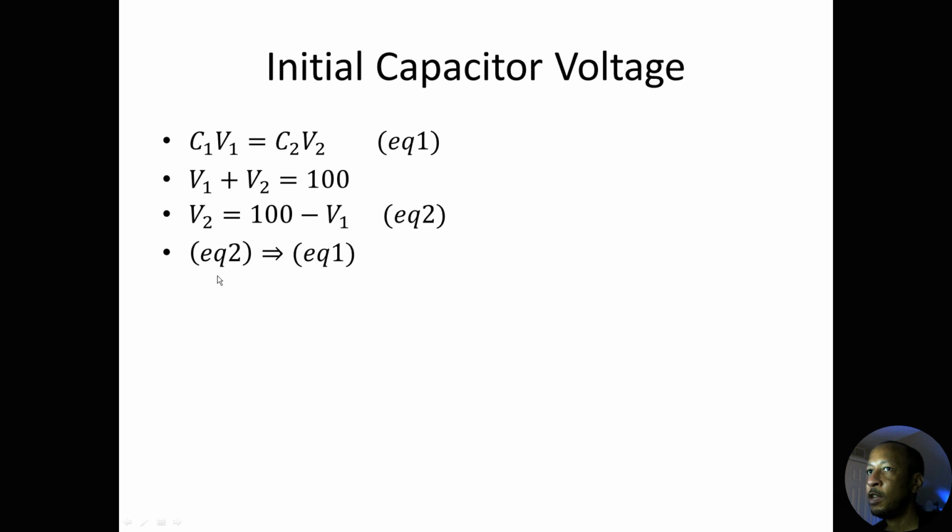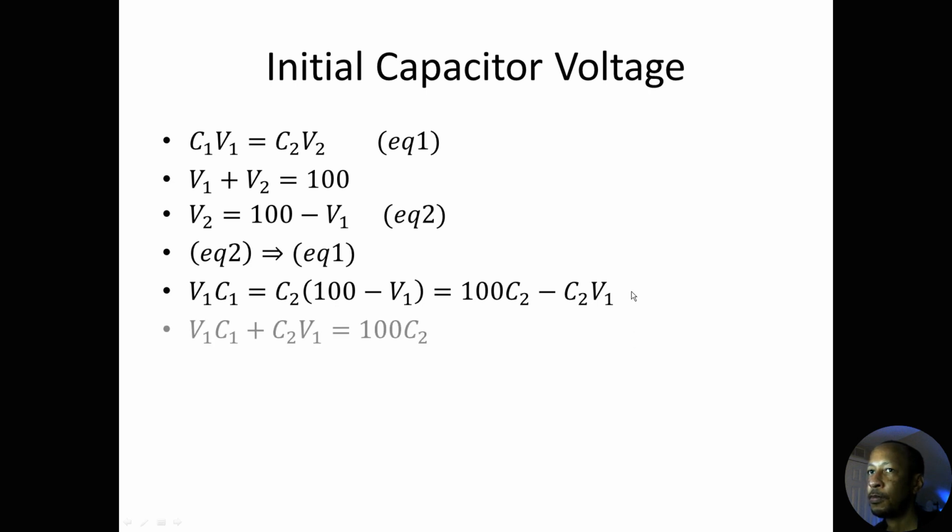Next we're going to take equation 2 and place it into equation 1. Then we have V1 C1 equals C2 times (100 minus V1) equals 100 C2 minus C2 times V1. Then we have V1 C1 plus C2 times V1 equals 100 C2.